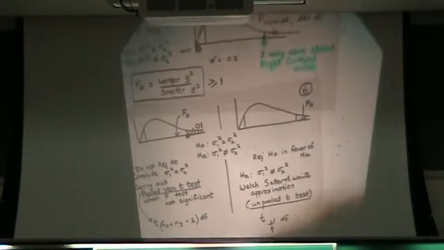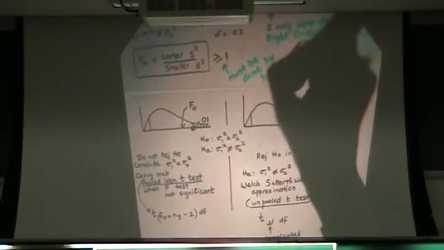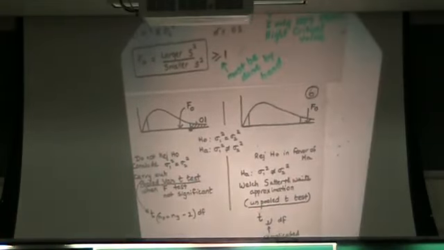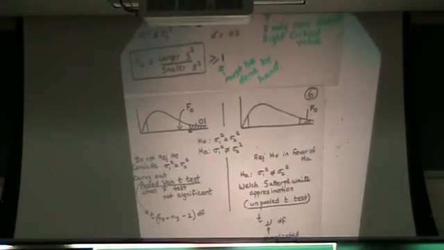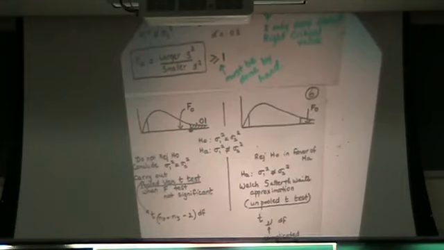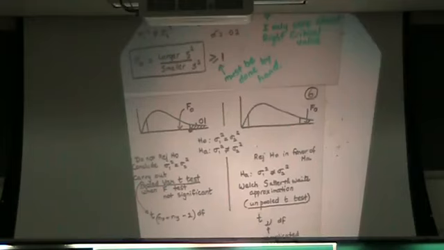I want to make a note of this: the F test must be done by hand, because the calculator does not take the larger one and put it on top, and it's going to give you the wrong F test statistic if you rely on it.